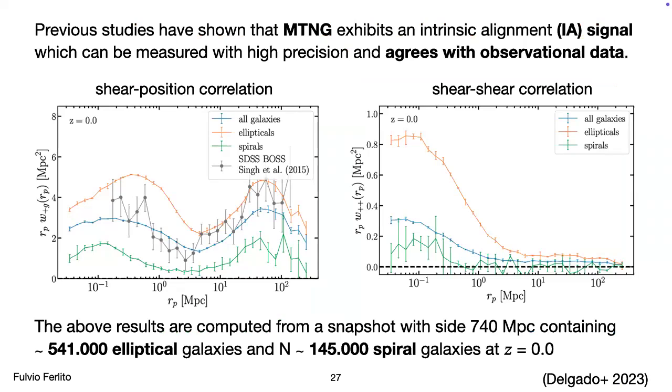For certain snapshots, for example the one at redshift 0, it focused on all the galaxies and computed the correlation function. This is the projected 2D correlation function, to see to which extent these galaxies are aligned. This signal is not only quite significant, as you can see, but it's also in quite good agreement with observational data.